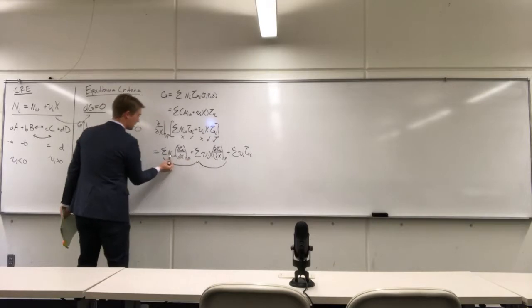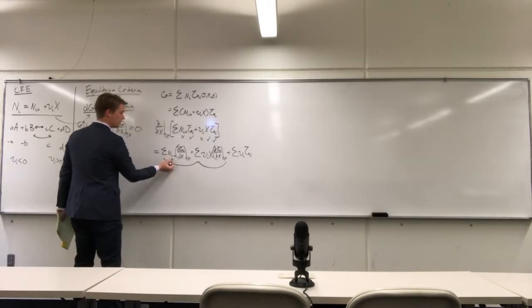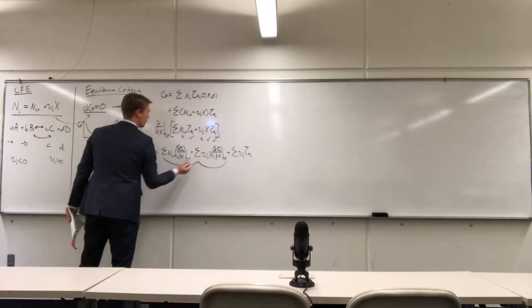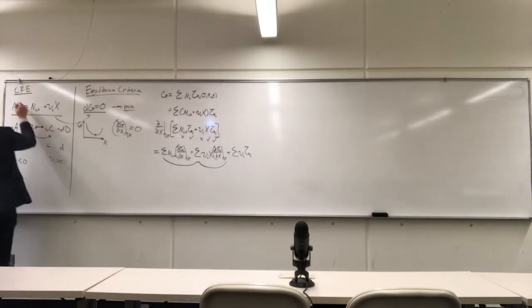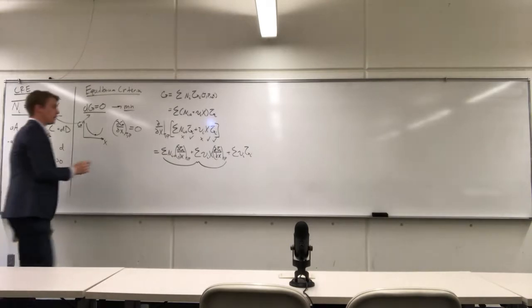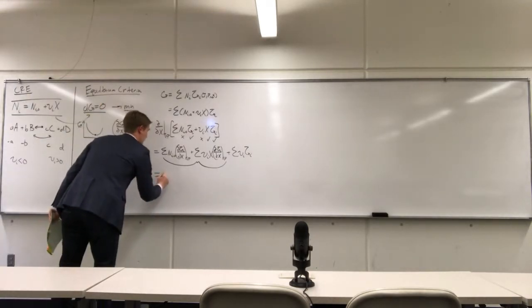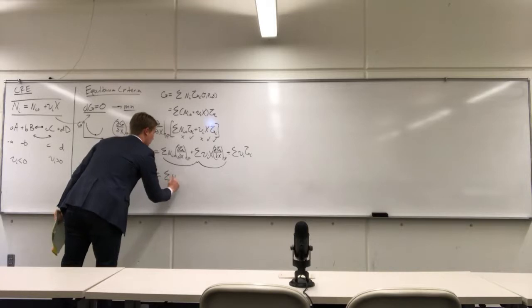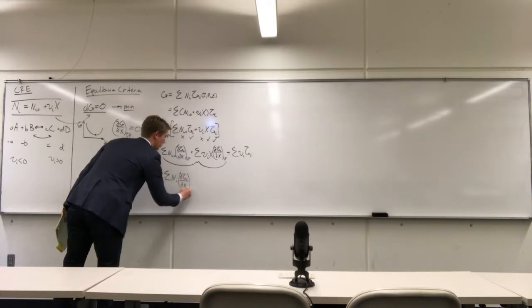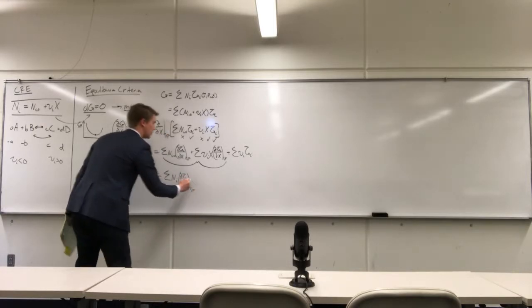And you'll notice that the number of moles of species i initially plus the stoichiometric coefficient times the extent of reaction is exactly this expression here. So that allows me to rewrite this as the summation of the number of moles of species i multiplied by the partial Gibbs, derivative with respect to extent of reaction.